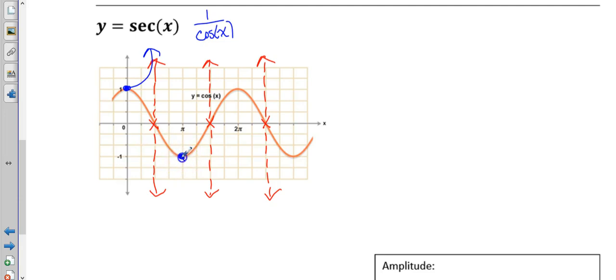So -1 stays, and it's going to open down, getting infinitely close to those asymptotes but not crossing. 1 is shared, or stays, however you like to see it. Opens up. -1 is there, down.